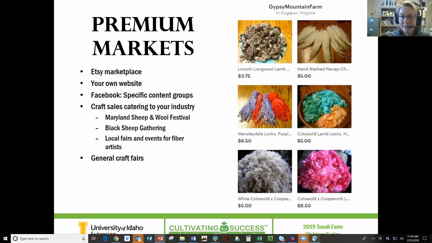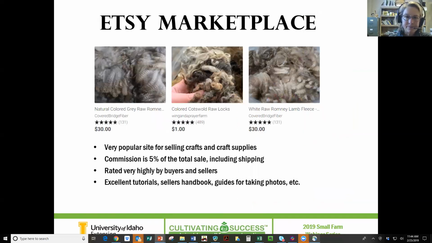It's 20 cents for a listing fee, and then they get 5% commission on what you sell. So it's a very popular site, and it's rated very highly by buyers and sellers. It has excellent tutorials, a seller's handbook, guides for taking photos, which is one of the hardest things to do.